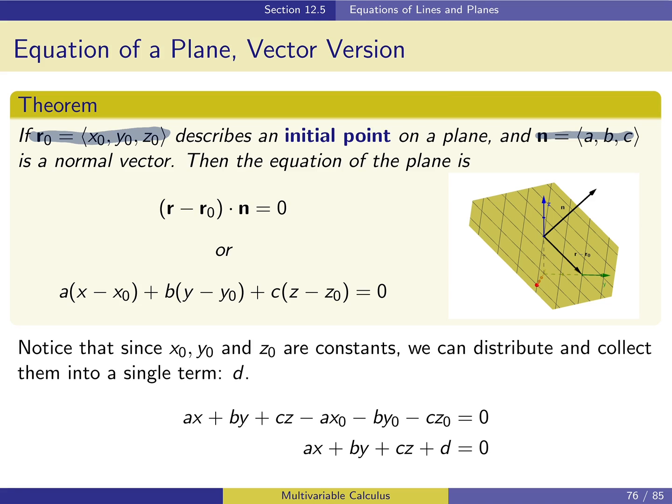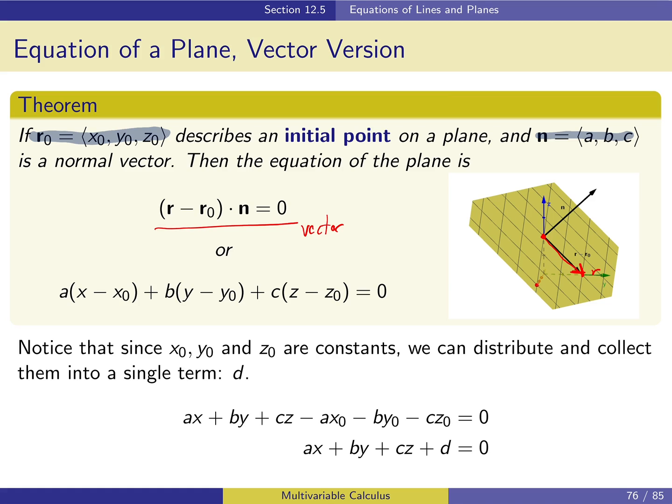In our diagram, if r0 is our initial point, here's our r minus r0, which gets us to the point r. We take the dot product of that with n, and that equals 0. So this is the equation written as a vector equation.